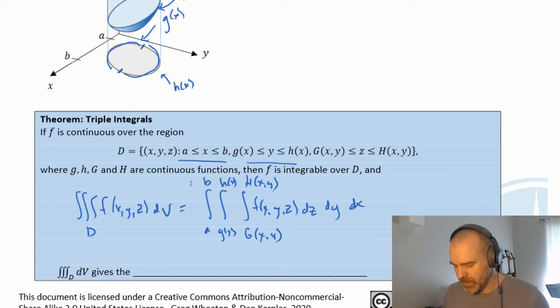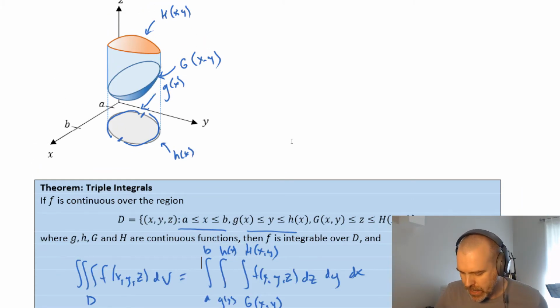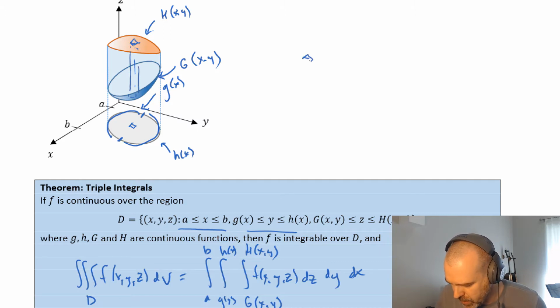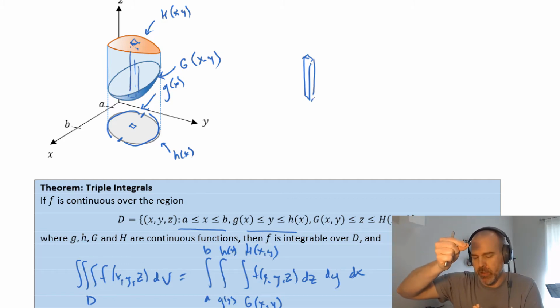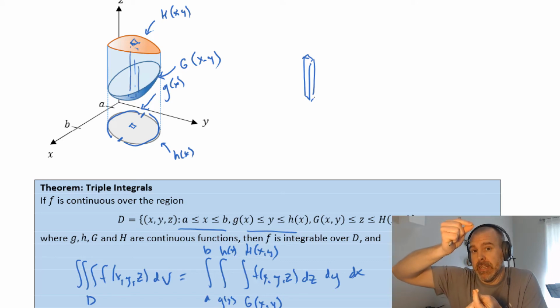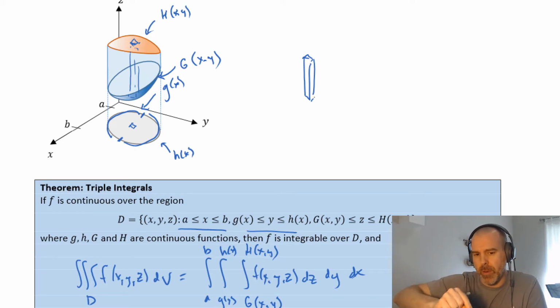What I like to think of sometimes on these is imagine that you're going to pick some little box here in the xy plane and then add up between the two functions. So what you're going to end up with is a little cylinder, or a little tall, skinny pillar, in the middle between those two. So that's adding up the z's. The little delta z's go from the bottom to the top, and you add all those up, you get a little pillar.